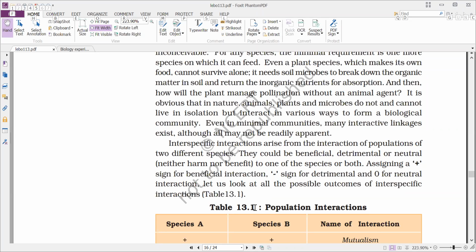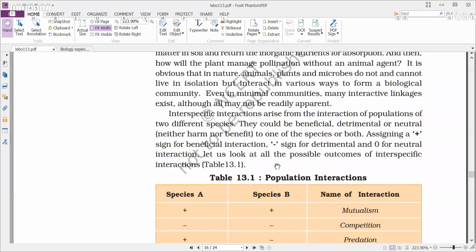In an interaction, we assign a plus sign for a beneficial interaction, a negative sign for a detrimental interaction, and 0 for a neutral interaction, that is neither harm nor benefit.